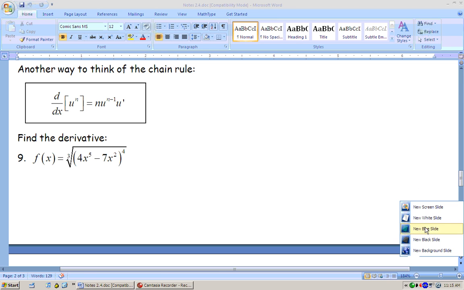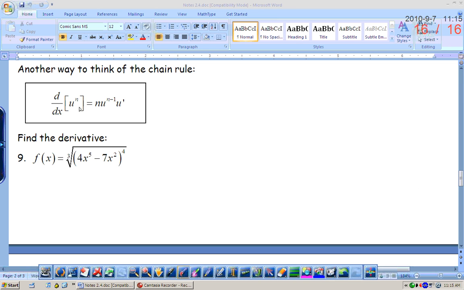And that shortcut is if you're taking the derivative of something to the n power, and I didn't use x there because it's more complicated than just x to the n, think of that u as a chunk of something. So you're taking the derivative of a chunk to the n power. Well, that derivative is n times the chunk to the n minus 1 power, just like we know with the power rule, but then you have to take the derivative of that chunk. Okay, let me show you what I'm talking about.